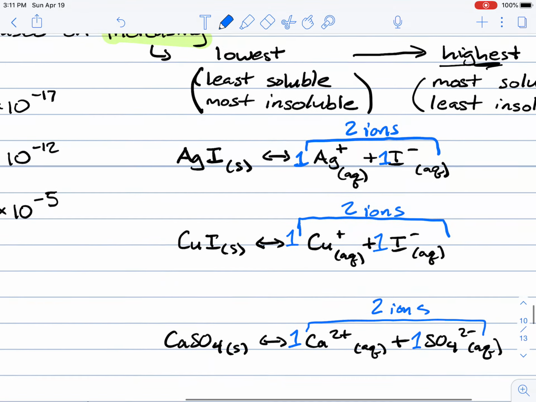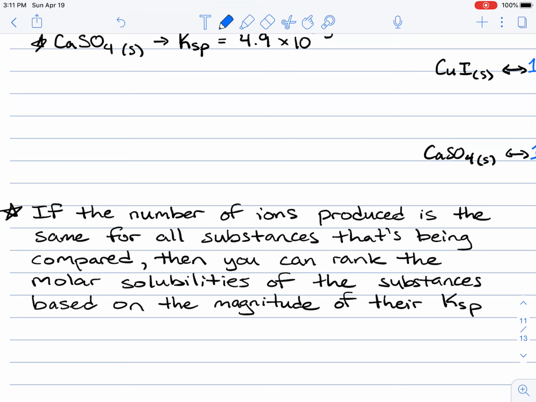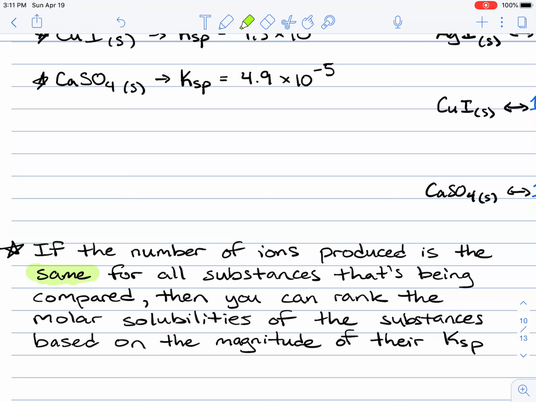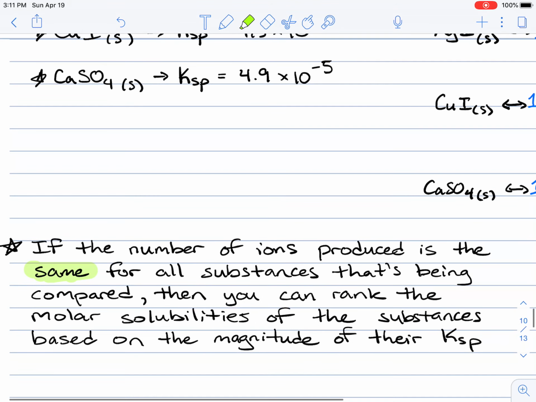Here I wrote it down: if the number of ions produced for all of the substances that you're trying to rank is the same, then you can rank the molar solubilities based on the magnitude of their KSP. And I'll show you how this is possible.